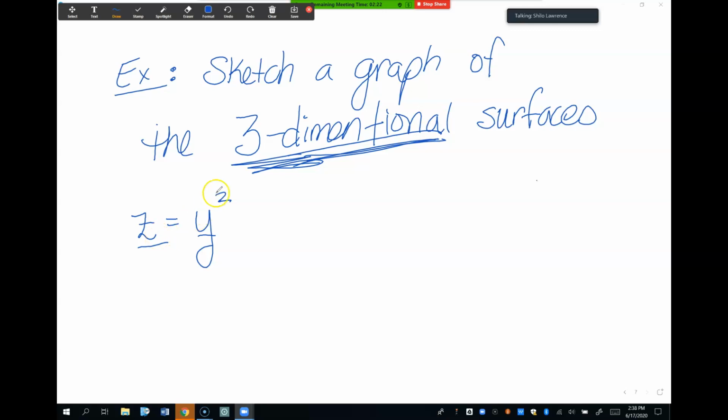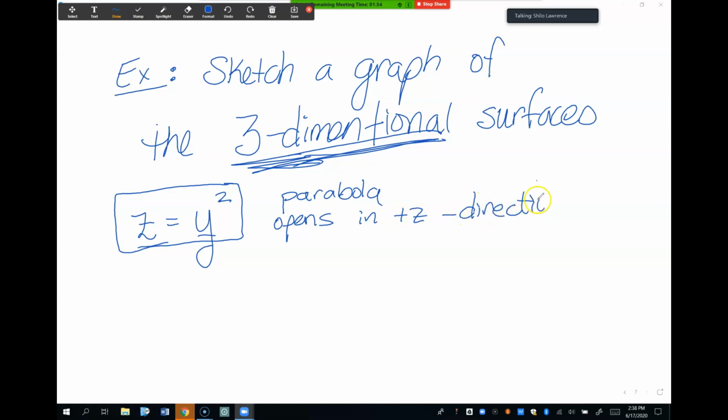Even though we only see two variables, they tell us in the directions this is three-dimensional. So what that means is that this guy, just as a two-dimensional curve, we know it's a parabola because one variable is linear and one is squared. It's a parabola in the YZ plane, and it opens in the direction of the linear variable. So it's a parabola that opens in the positive Z direction.